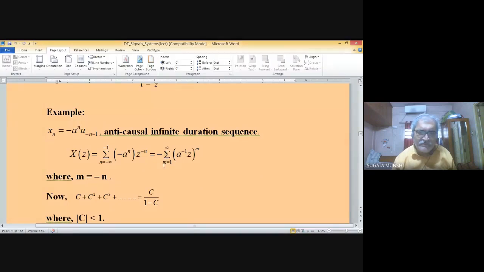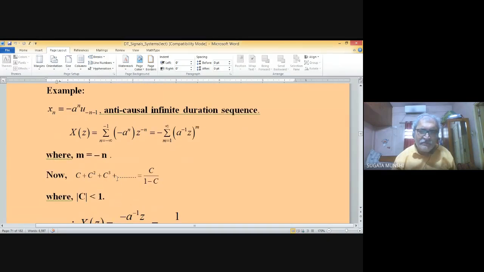In this expression, you just replace minus n with m. If you have a series of this form, you know that its summation will be c by 1 minus c, provided magnitude of c is less than 1.